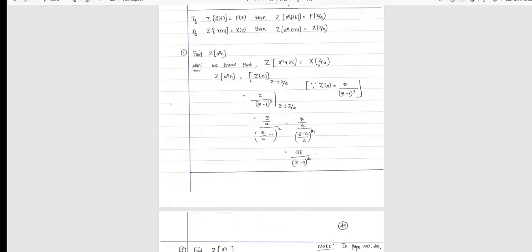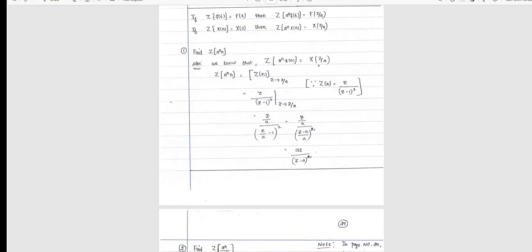See, we have these formulas also, as we have done shifting properties, and we have two more formulas. Let us know, if Z of f(t) is equal to F(z), then Z of a to the power n into f(t) is equal to F(z over a).